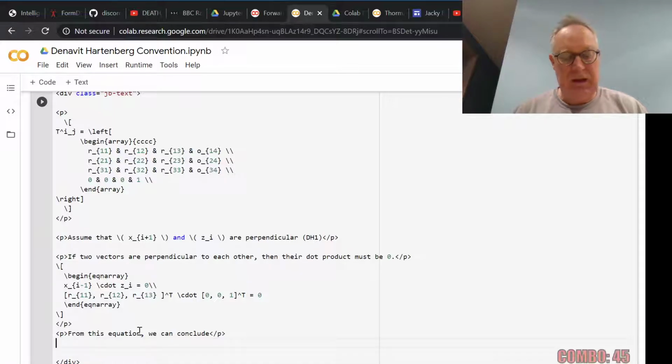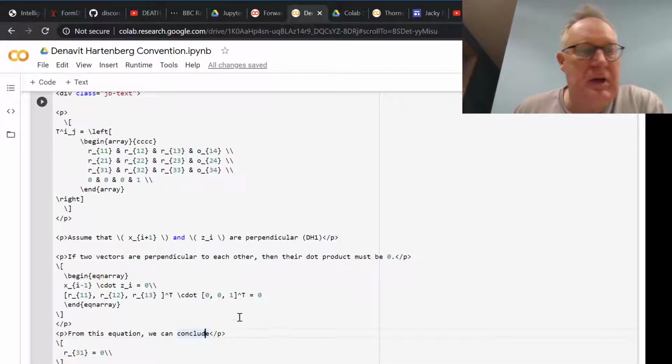So for one thing, R31 must be equal to 0. If I look at the dot product, it's R11 times 0 plus R12 times 0 plus R13 times 1. So R13 must be equal to 0. No other choice there.